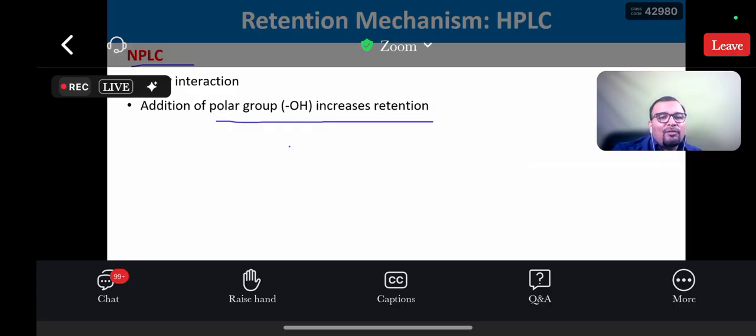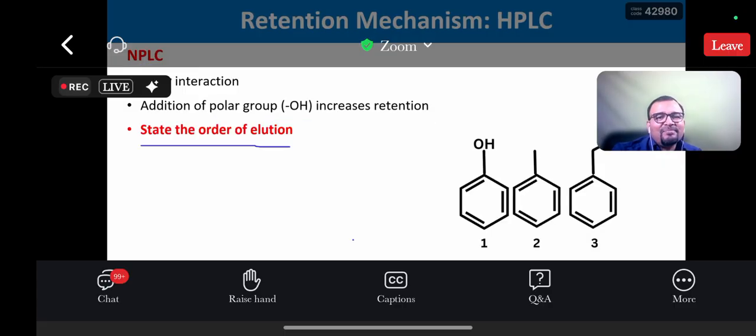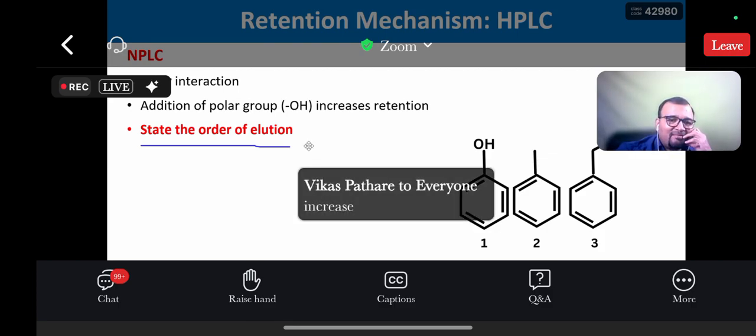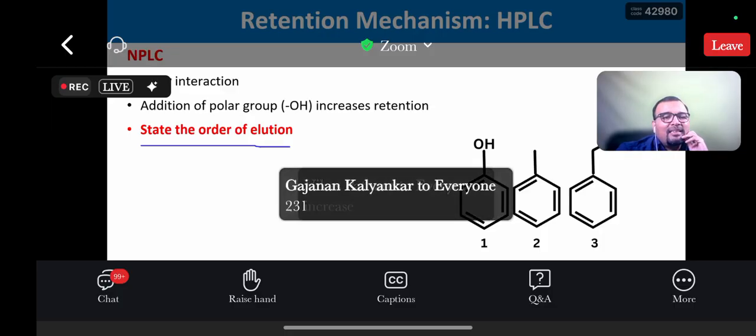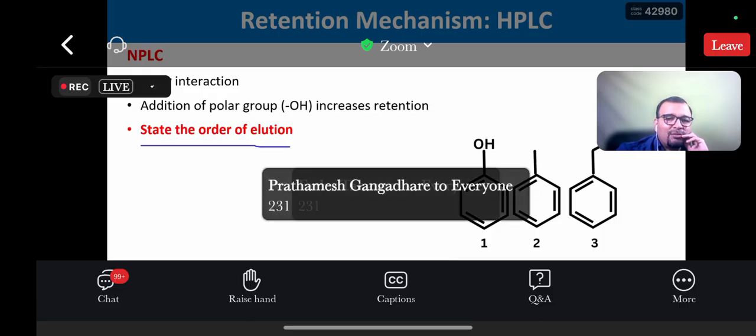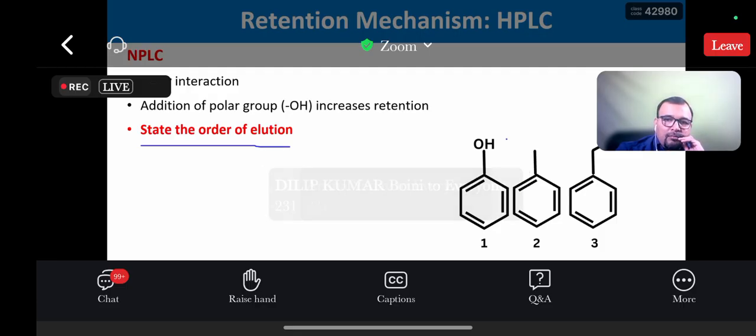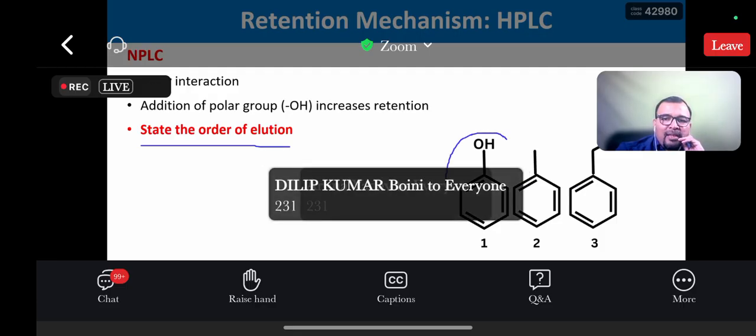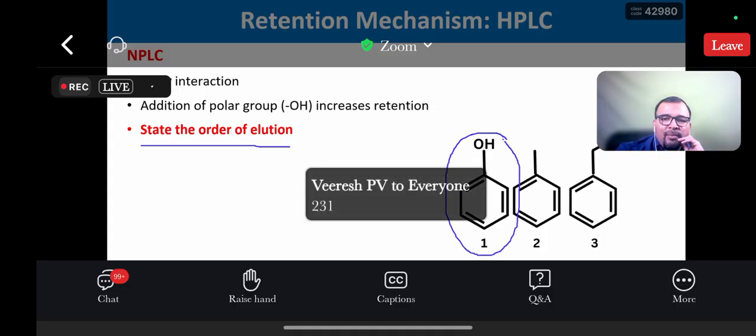Now state the order of elution. Which compound comes first? Which compound comes late? 2, 3, 1. Okay. I think this is going to be a highly retained compound according to me.